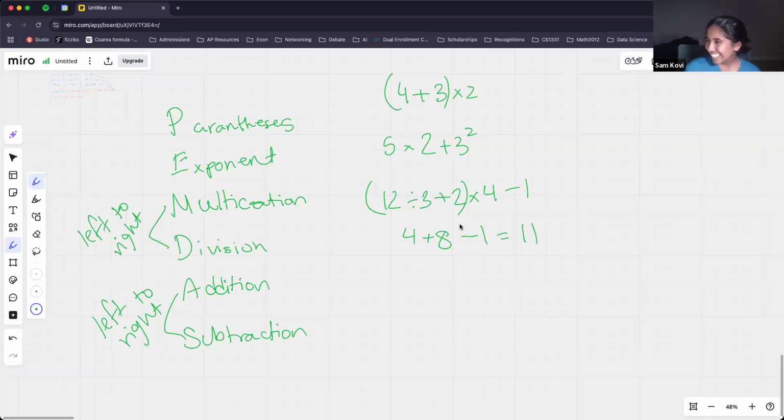Rod, check your work. Yeah, good. I would get 23, and that's because I do 12 divided by 3, which is still 4, but now I'm adding that 2. So then I would get 6 times 4, which is 24, minus 1, which is 23, like most of you guys are saying. Awesome.